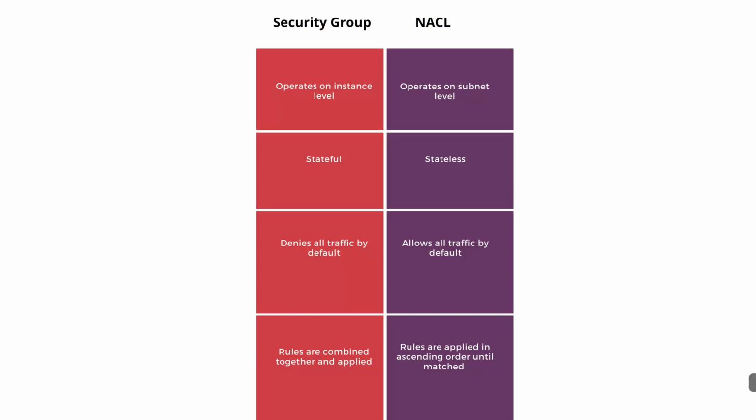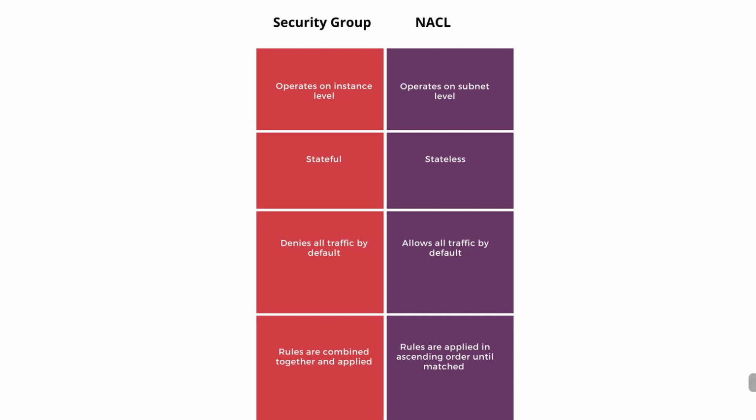The interviewer may ask you what is the difference between security group and NACL. The security group operates on the instance level, as I showed you in the diagram, and the NACL is at the subnet level. And the security group is stateful, as I told you.